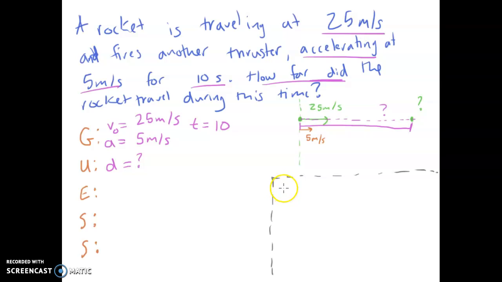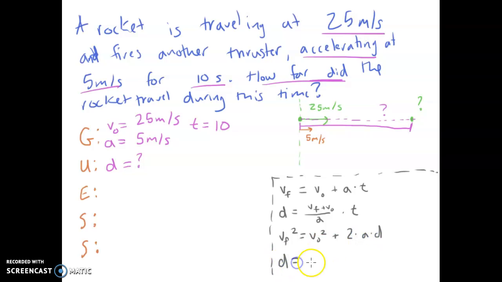So as a reminder, our 4 kinematic equations are... okay.